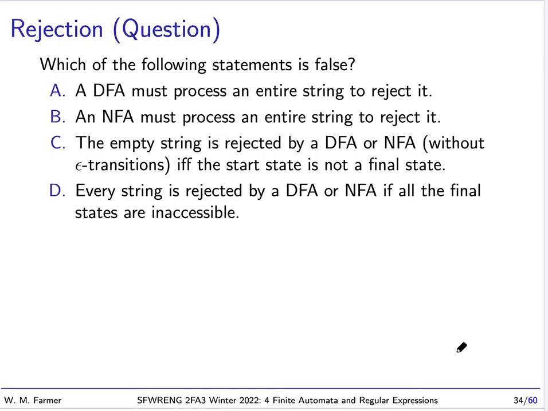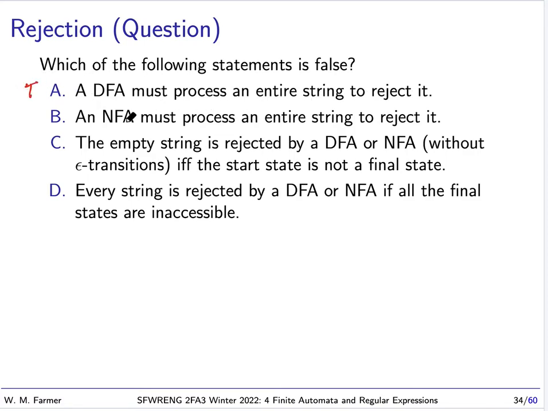Well, welcome back. Let's go through these statements. The first says a DFA must process an entire string to reject it. Yes, that's true. When you're processing a DFA, you process the entire string. You're always able to move forward from one state to another because there's always a transition for every symbol. So this is true.